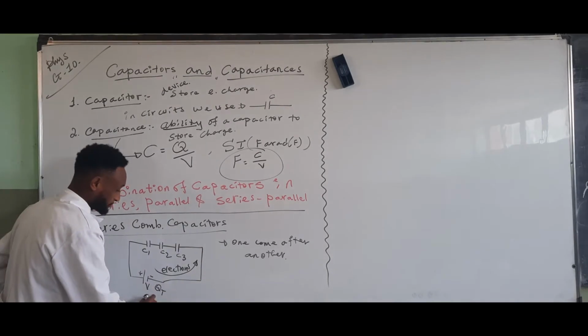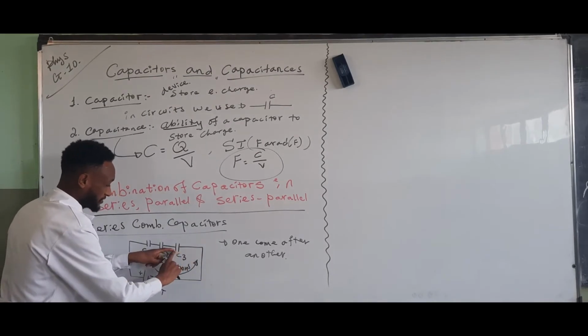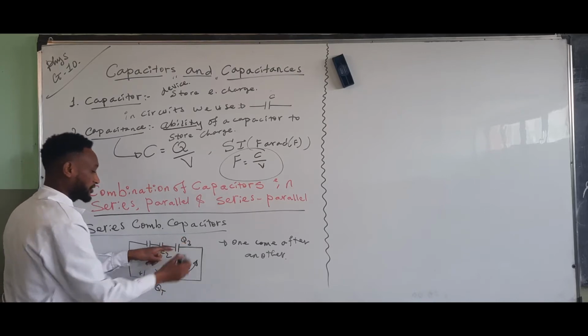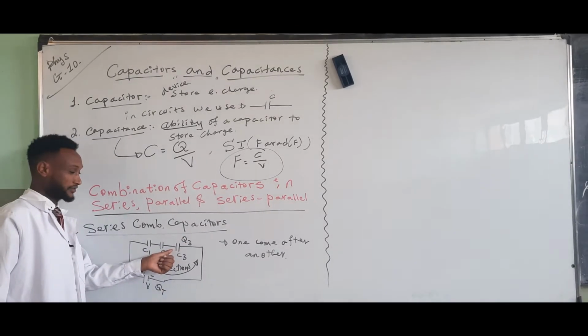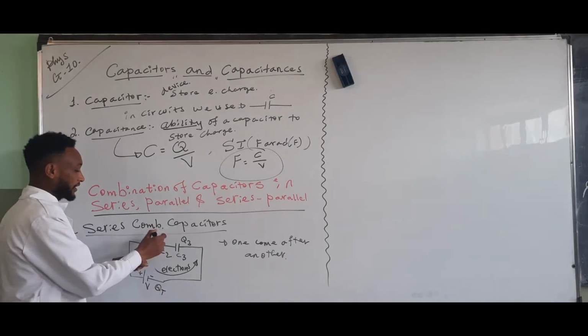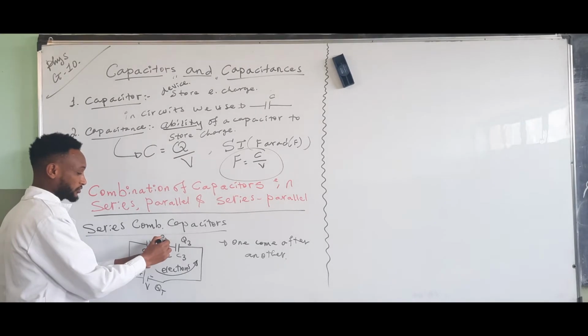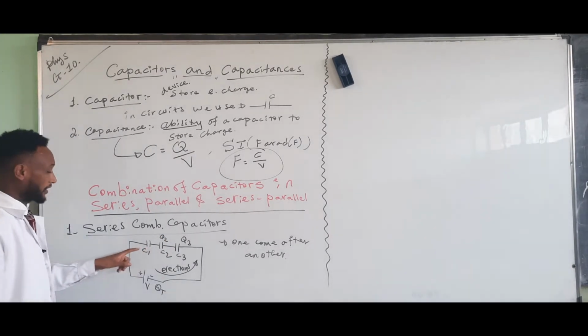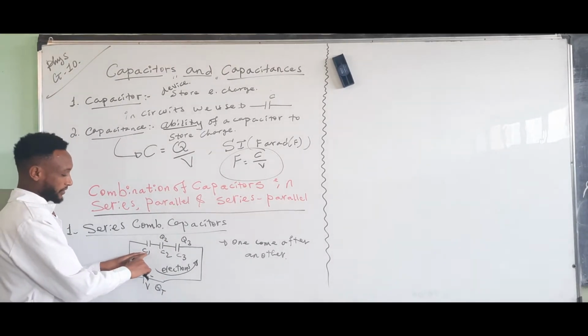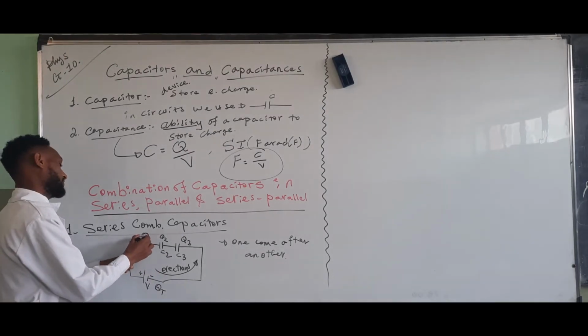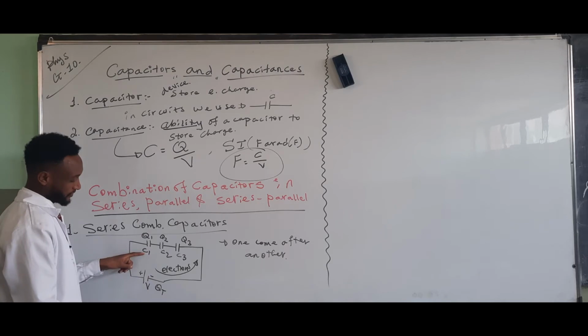If you take this point in capacitor 3, we have a charge 3 which passes across capacitor 3. Here in capacitor 2, the charge which passes across is charge 2, and here we have capacitor 1, the charge that crosses this capacitor is called charge 1.